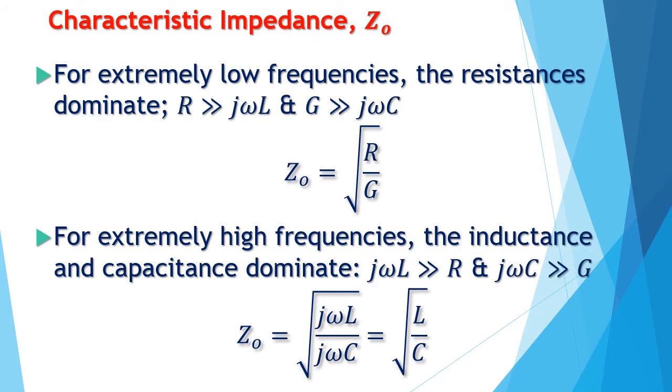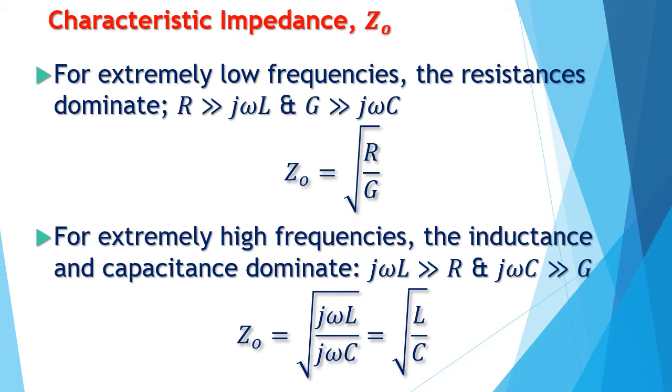There are special cases for which we can simplify the calculation of characteristic impedance. First case, for extremely low frequencies, the resistances will dominate. That is, when resistance R is a lot greater than j omega L and the conductance G is a lot greater than j omega C. Because imagine, at low frequencies, since omega is equal to 2 pi f, we will have 2 times pi times a very low frequency times this inductance.